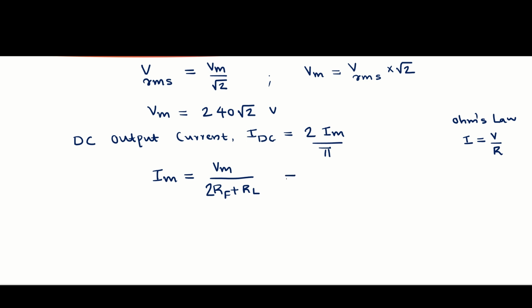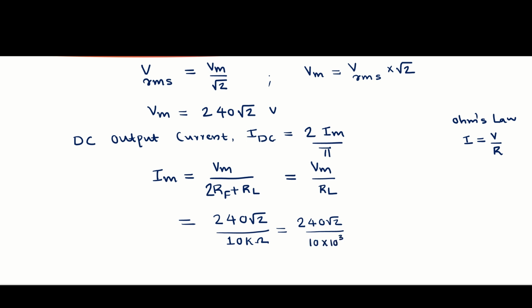Here we are assuming that the diodes are ideal, that means Rf equals 0. So I can write Im is equal to Vm divided by Rl, and we have already found the value of Vm. Vm is 240 root 2 divided by the load resistor value, which is given as 10 kilo ohm. 10 kilo ohm means 10 into 10 raised to 3 ohm, since 1 kilo ohm is 10 raised to 3 ohm.